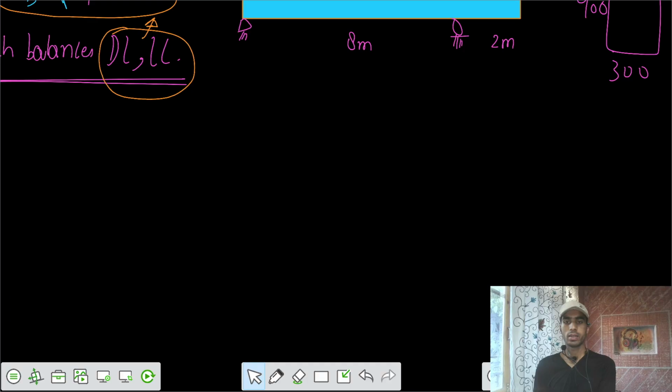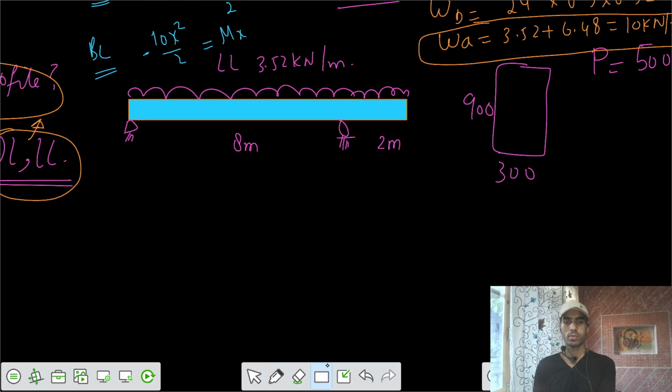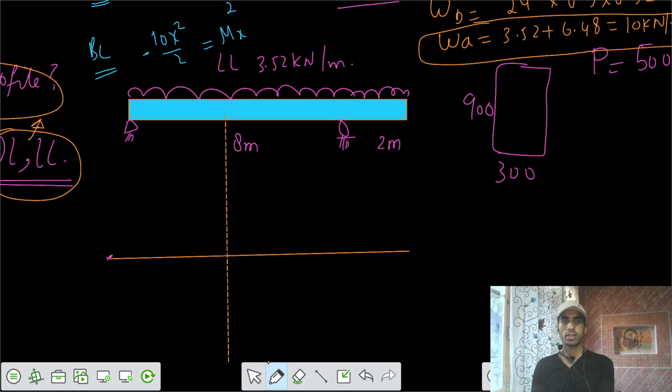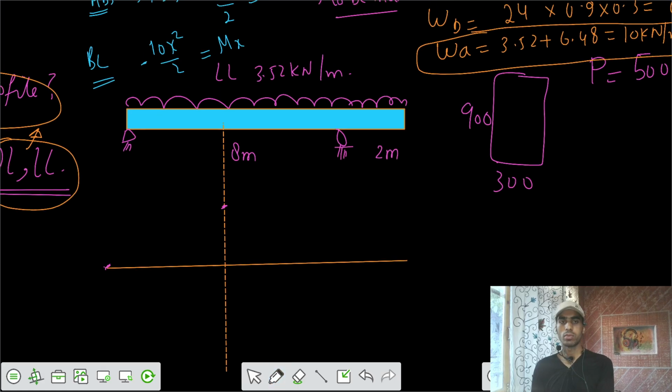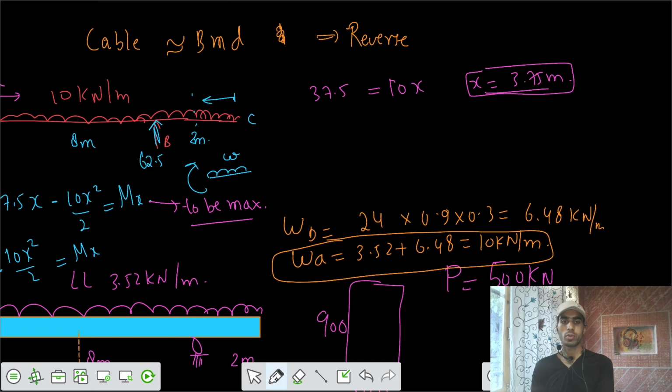Let's try to draw it here. Say 3.75 is somewhere here; this is the 3.75 section. I want to see what the BMD profile is. The moment here is 0 because it's the simple support, and we have a positive moment, so we need to find the moment at 3.75.